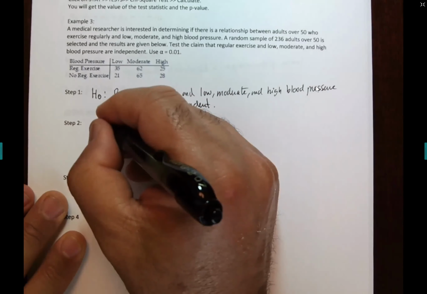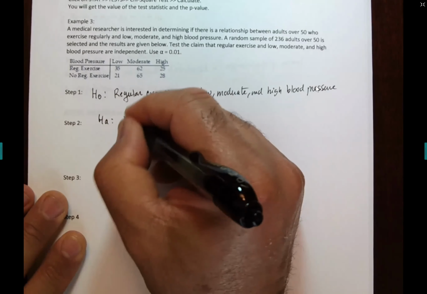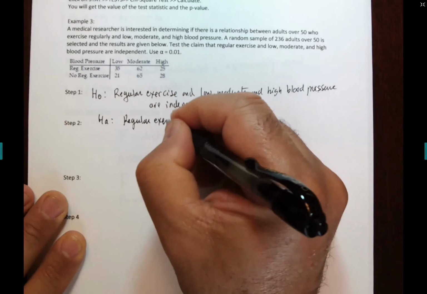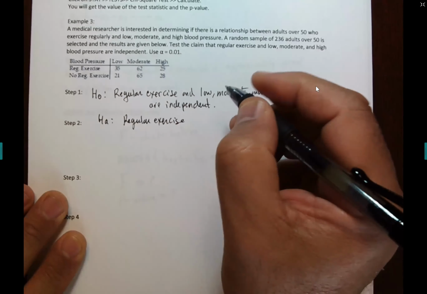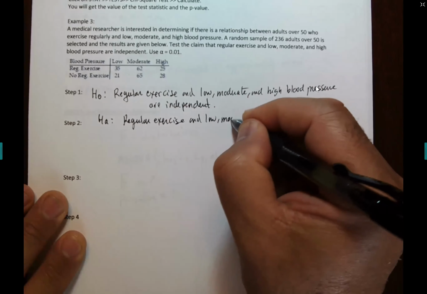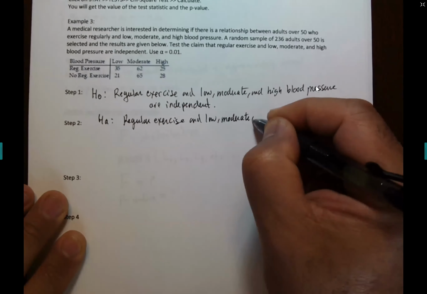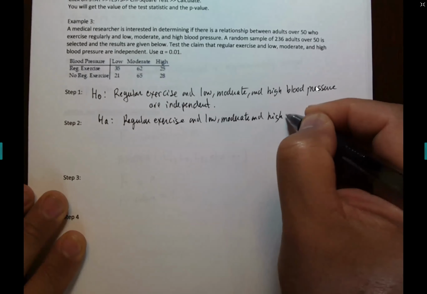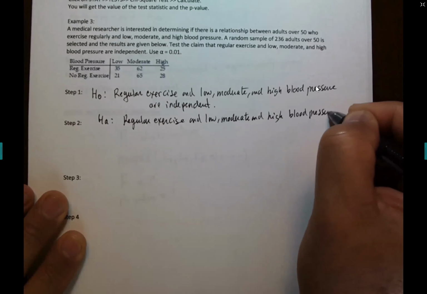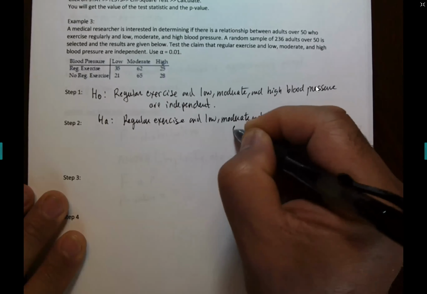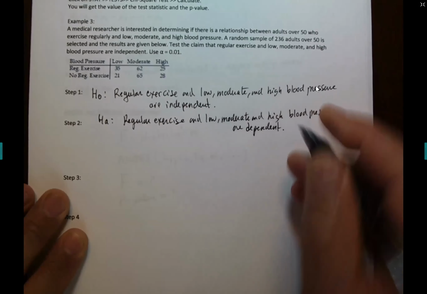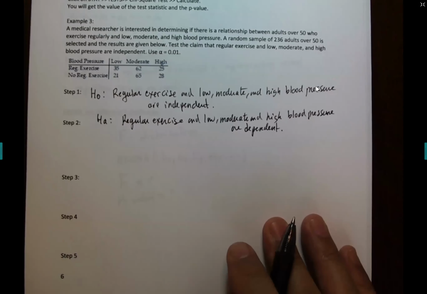And HA will be regular exercise and low, moderate, and high blood pressure are dependent. And before I continue further, I noticed that my recording was paused here.